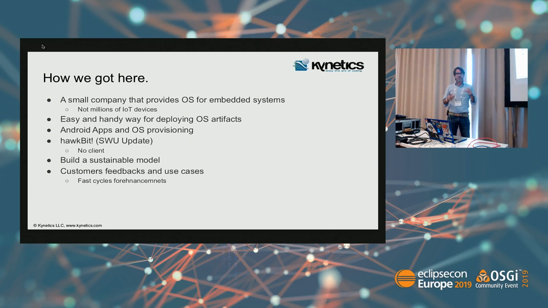We have very specialized and expensive embedded systems that we work on, so we are talking about thousands, like 3,000 or 5,000. I wouldn't say IoT, but it's still general embedded devices. When we do an OS and want to test it, we test the entire OS on the hardware we have in the labs.